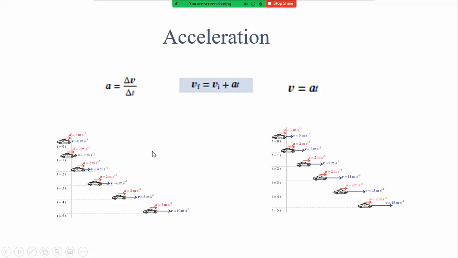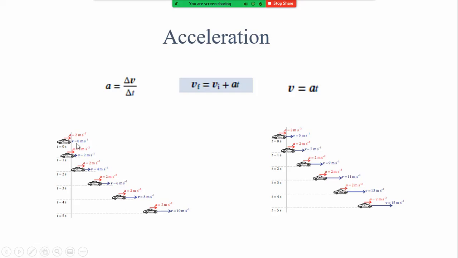Here's some good examples. This is also from the book. So we have acceleration can be constant, and with constant acceleration, there's a constant change in your velocity.